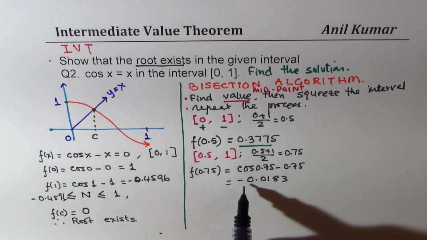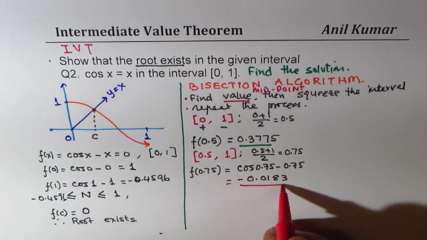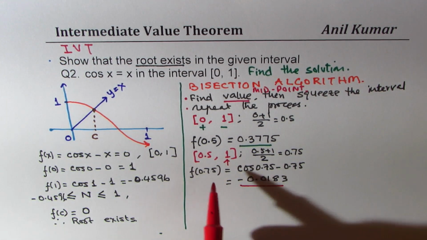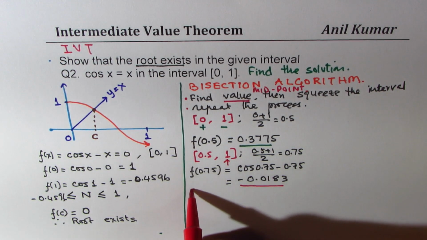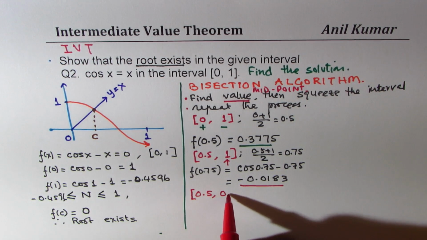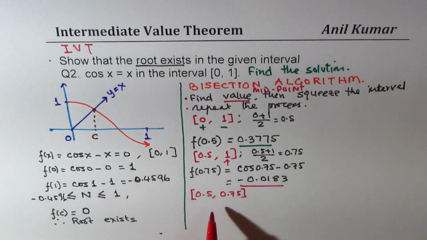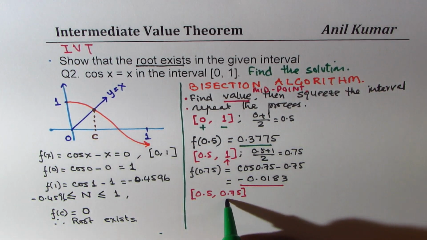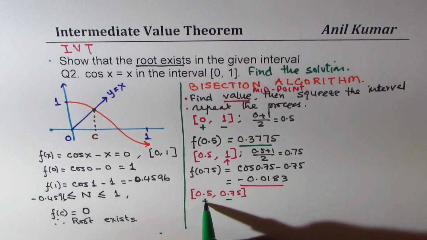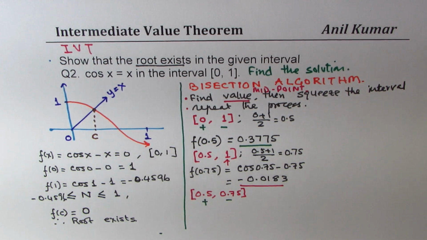This time, the value is negative. Since the value is negative, we'll replace 1 with 0.75 and work in the domain from 0.5 to 0.75. Do you see how we have squeezed in? So now 0.75 gives us the negative value, 0.5 gives the positive value. In between, we could get 0. That's the whole idea. Perfect.